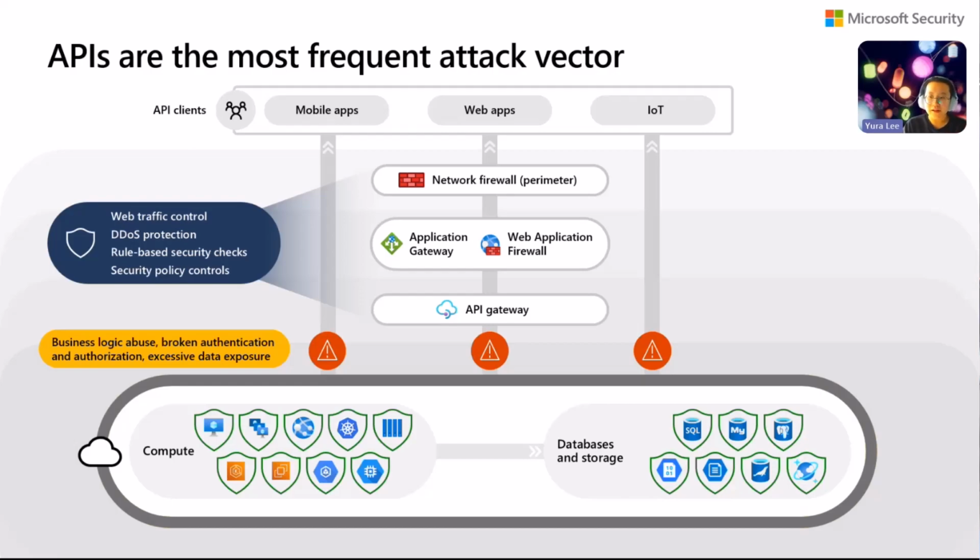For example, we're seeing threats that are related to business logic abuse, like leaving an API unauthenticated, right? We're seeing that threat actors know this, right? And this is very exciting for them. They're taking full advantage of this and using APIs as their primary attack vector.